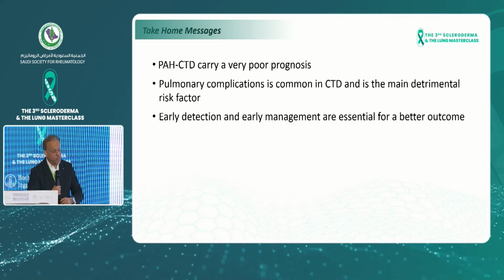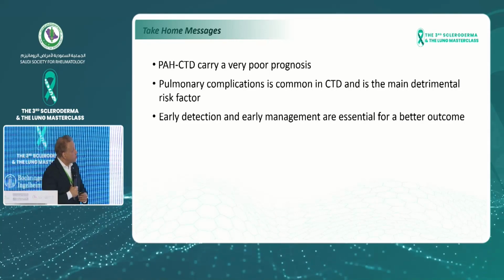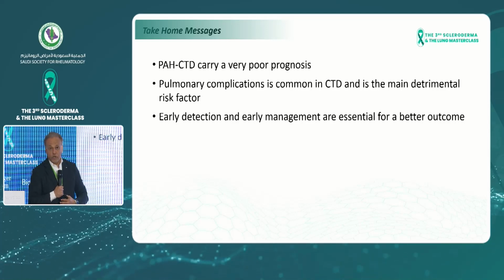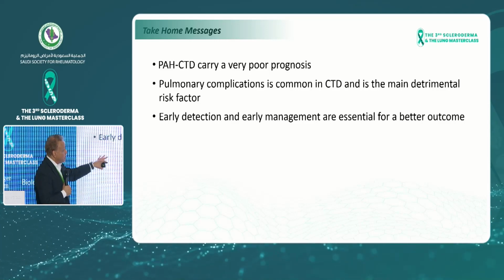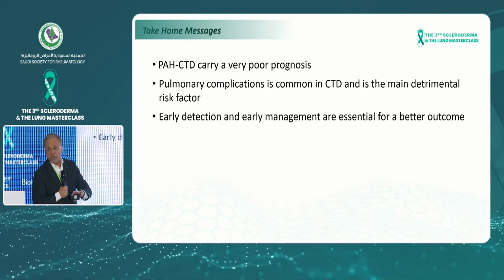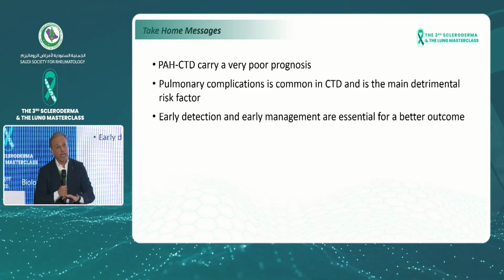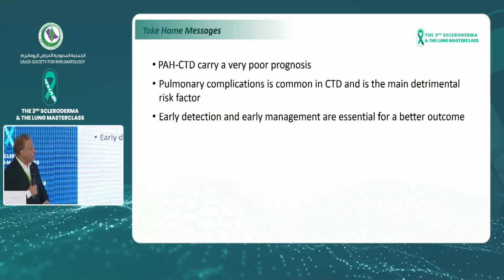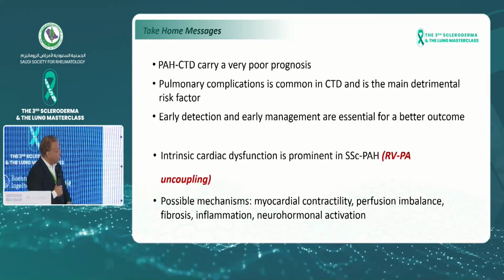Take-home message: PAH in CTDs by itself carries a very bad prognosis, for many reasons, and this is why it is worth looking for those patients by applying screening methodology, in order to pick them up earlier and treat them earlier.